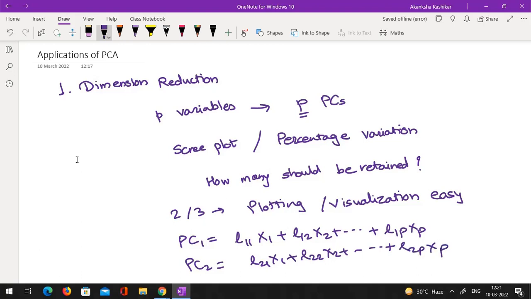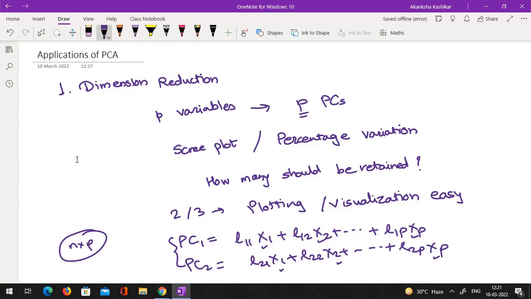When I say this, it means that even if I decide that okay, I'm going to work only with two PCs, for computing those PCs I need x1, x2, ..., xp, everything. Okay, so at the data collection level or at the data storage level, my efforts are still not reduced. I am still in the same dimension, that is n cross p, original data.